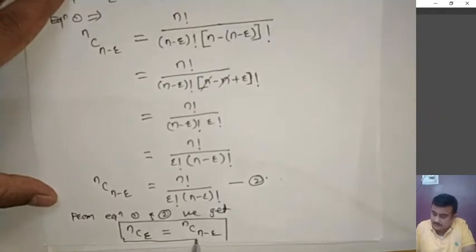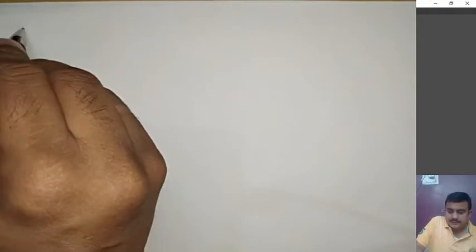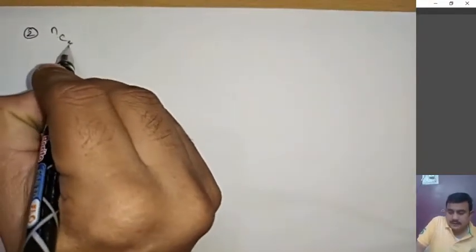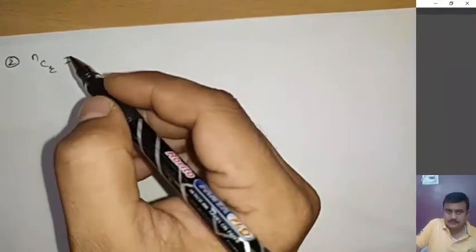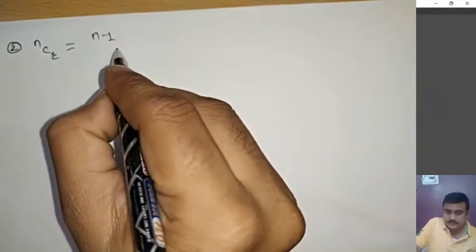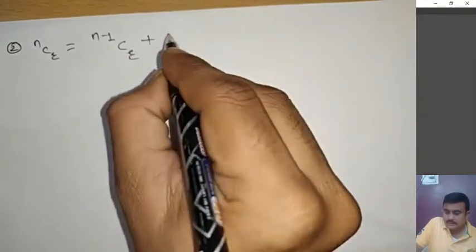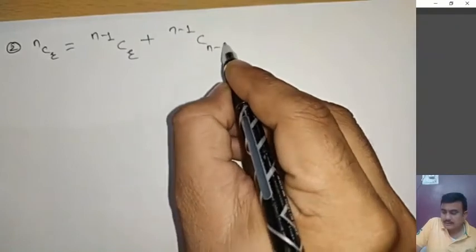So let us prove the second property, nCr equals (n minus 1)Cr plus (n minus 1)C(n minus r).